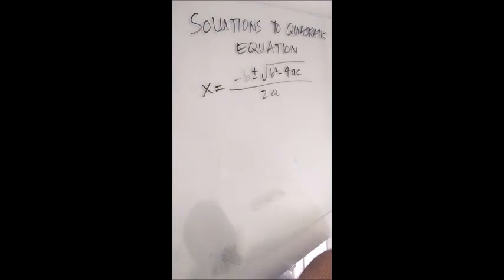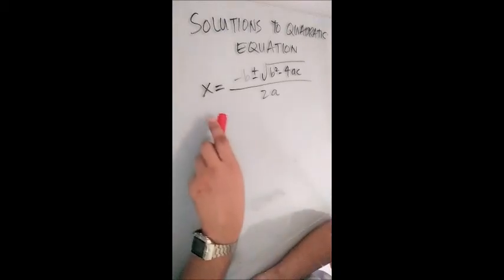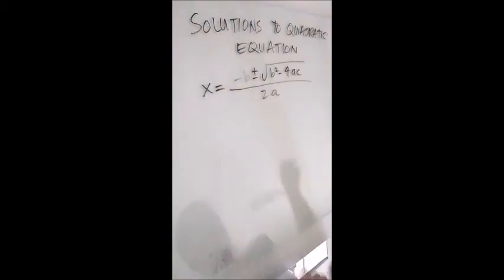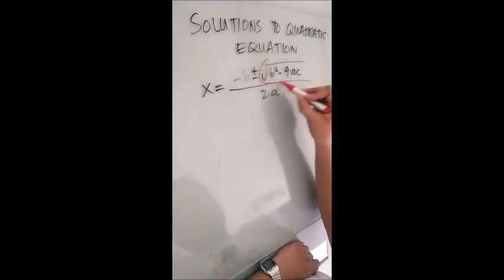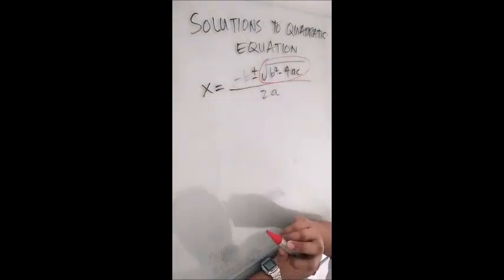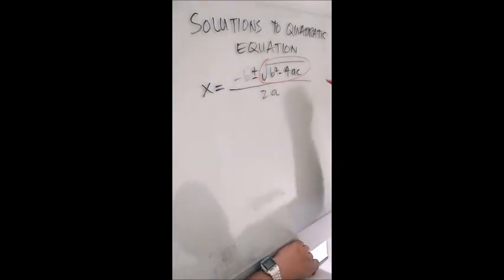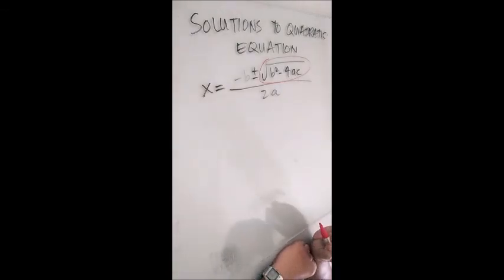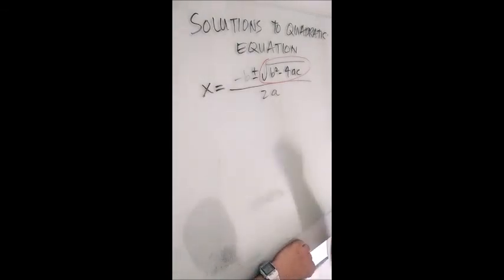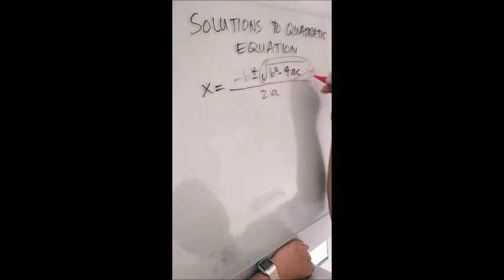Okay, so how are we going to know how many solutions a quadratic equation has? Let's go back to the quadratic formula. As you notice, we have this radical here in the quadratic formula. This is called the discriminant.